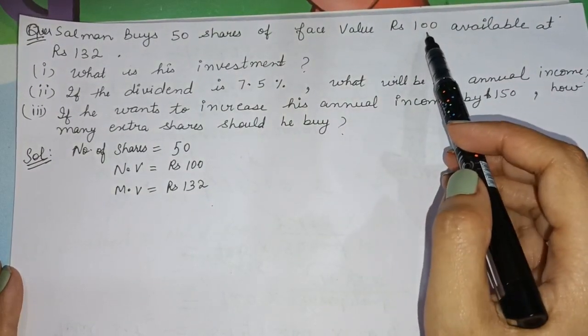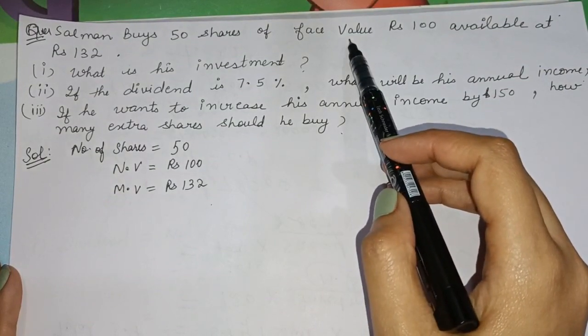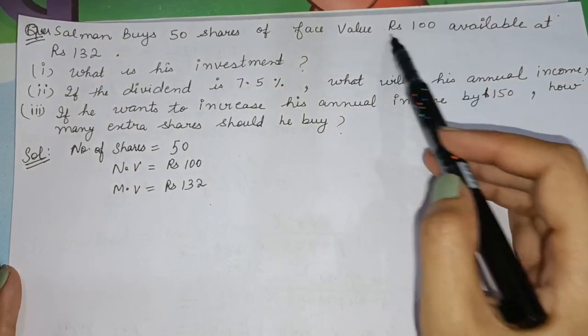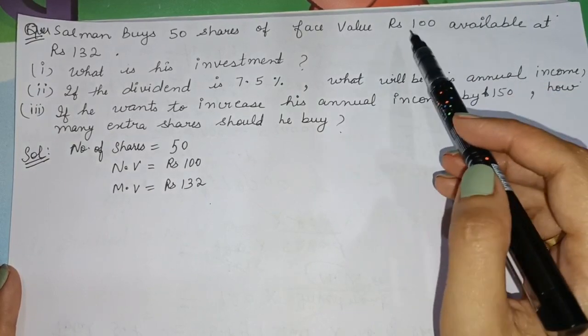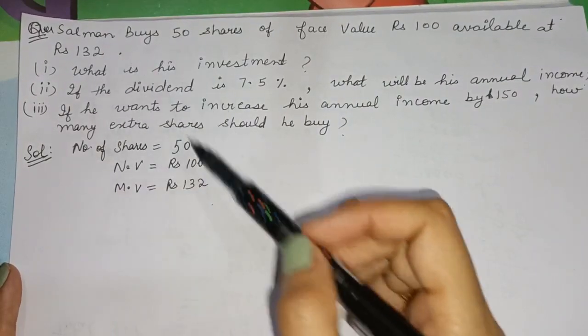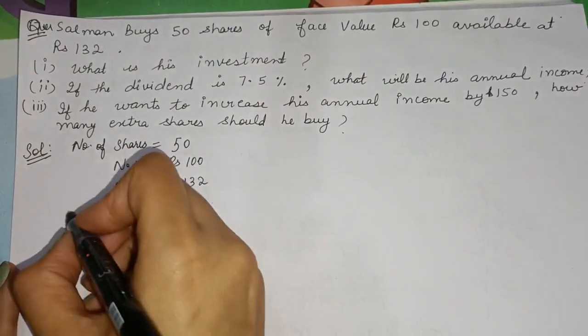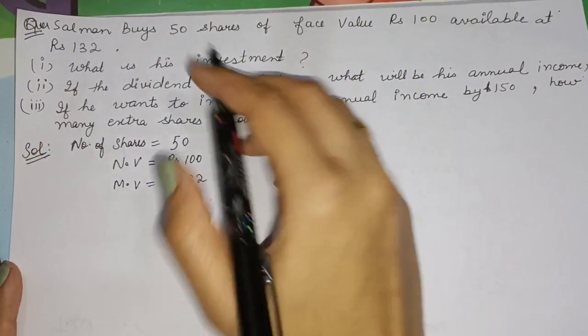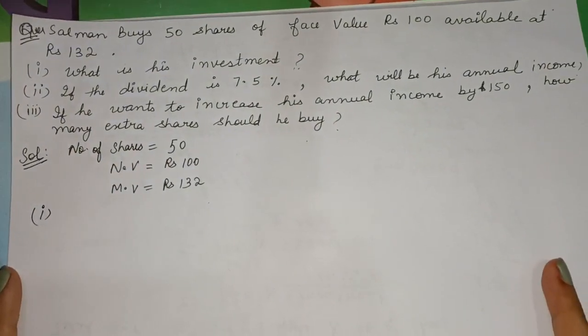One value, see here they have directly written face value. In a few questions earlier we have seen this cost was written just next to shares, rupees 100 shares. So apart from this value, the other value will always be market value. So these are the given things. So what we have to find is investment. So first point, investment we have to find.